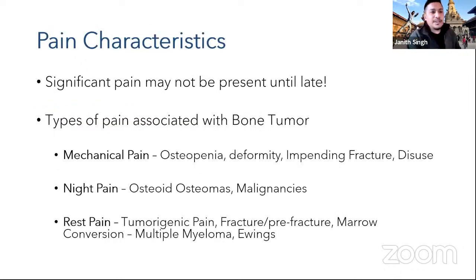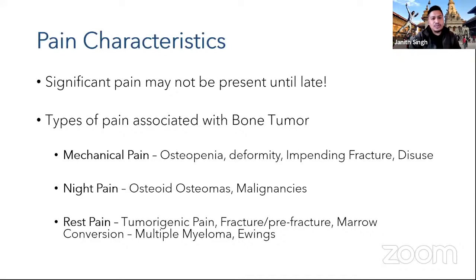Now it's very important to talk about pain, because it tells you a lot of different things regarding the diagnosis of the patient and how you are supposed to manage the patient. So the three broad types of pain that may be present in patients with bone tumors or cancers are mechanical pain, night pain, and rest pain. Mechanical pain is somewhat confusing because it can be present in other disorders as well, especially degenerative disorders or developmental disorders.